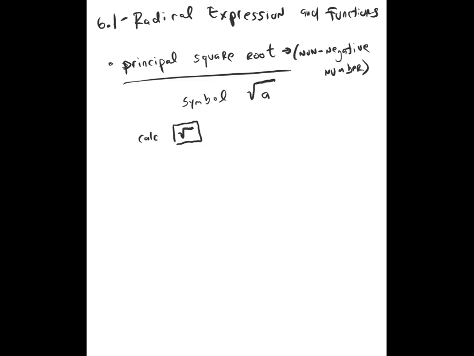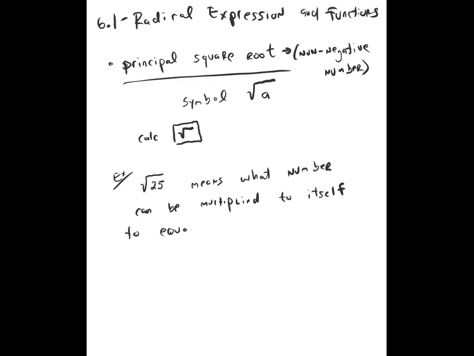So we can take a look at some examples here. This square root of 25, and really understanding that this just means what number can be multiplied to itself to equal 25.